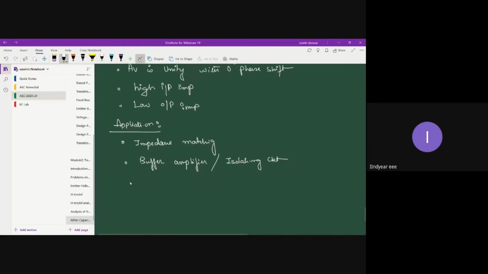And since beta d is very high, it can be used as a current amplifier. If you want to increase the value of output current, the Darlington emitter follower is the best circuit to use, simply because the overall current gain is theoretically the product of individual current gains.